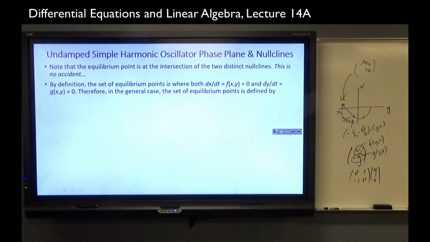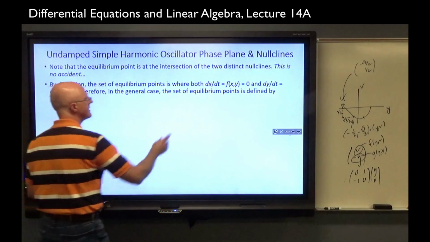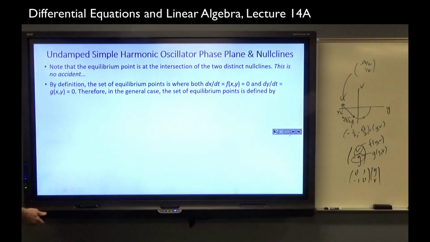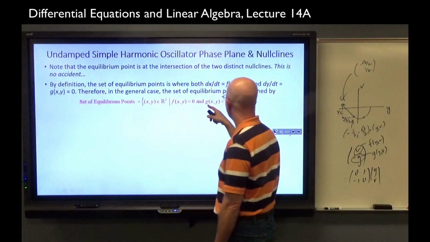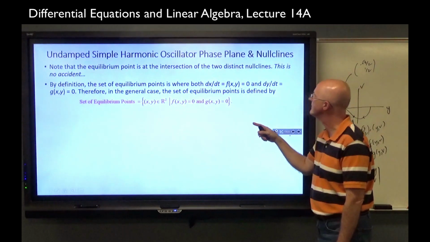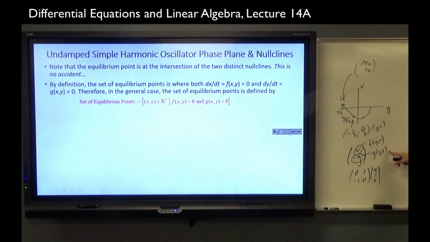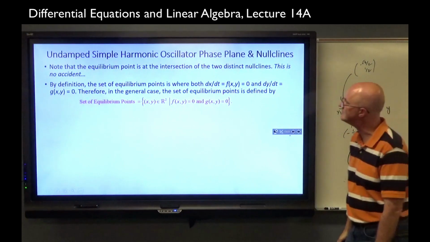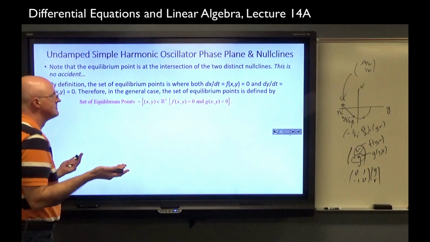By definition, the set of equilibrium points is where the right-hand sides of the scalar equations, little f and little g, are equal to 0. The set of equilibrium points is defined to be all the points in the plane where both f of x,y and g of x,y equal 0, or f of y,v and g of y,v equal 0 for our example. Just one point for our example.